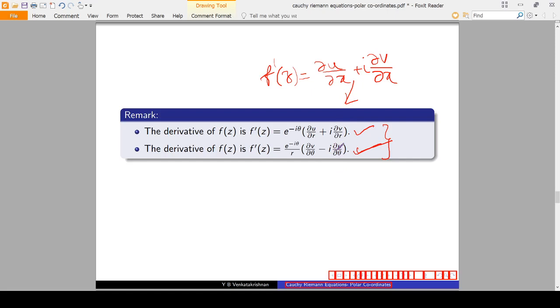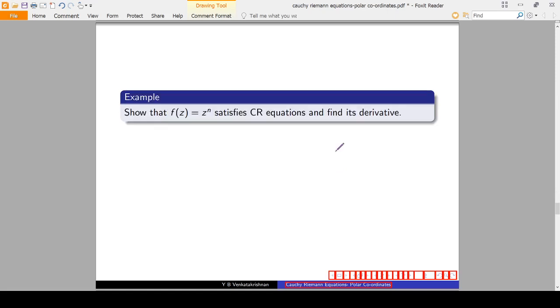So now, as an example, we will take f of z equal to z power n, show that it satisfies the CR equations, and also obtain the derivative of z power n. You know the derivative d by dz of z power n is n z power n minus 1, but how do we get this?